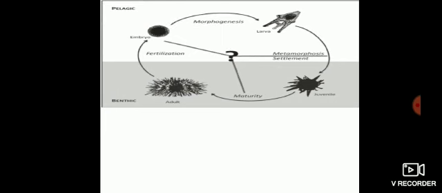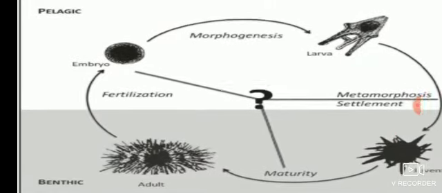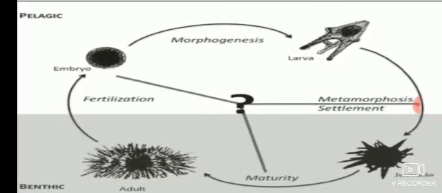The next is the life cycle or the reproductive cycle of class Echinoidea, that is, how the Echinopluteus larva is formed. So the first is the adult, which is dioecious. This adult, by sexual reproduction, forms gametes, and the zygote is transformed into the embryo.